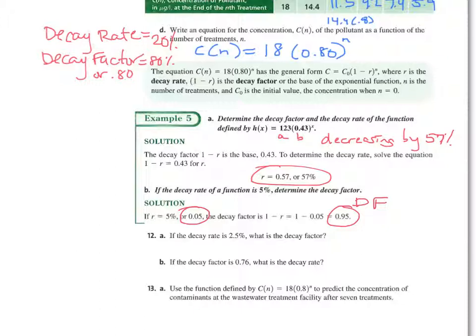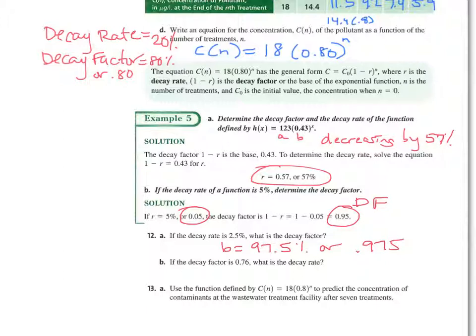What's the decay factor? If I want to go down 2.5% every x value, how much am I going to keep? My b would be 97.5%, or multiply by 0.975.